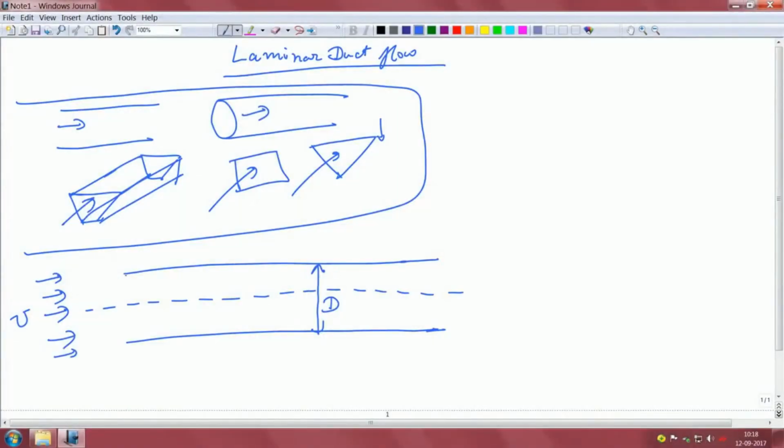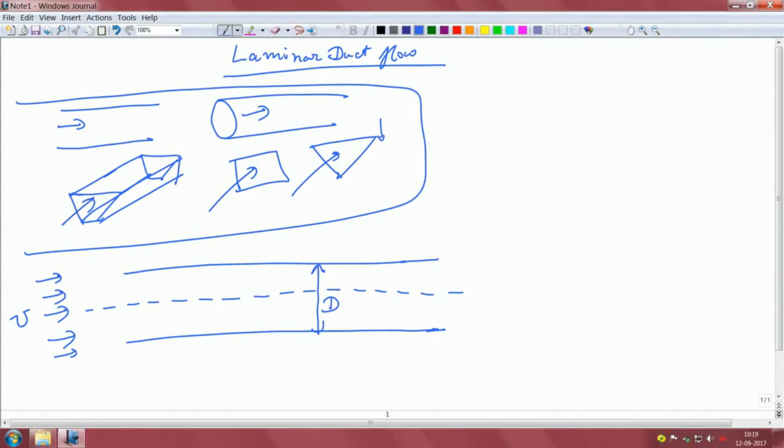Now, if you look at this particular problem, the interesting feature is that this is a bounded flow, because there is a boundary on both sides. So, there is no extension to infinity. Also, the moment this flow sees these plates, the boundary layer that we developed earlier will start to develop here as well. So, the boundary layer is natural, it is going to happen.